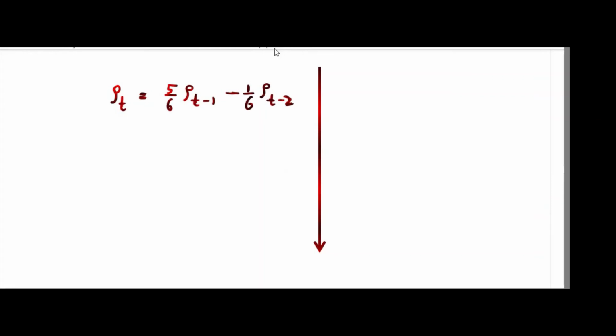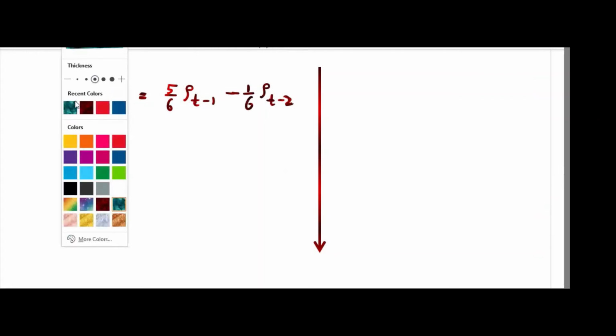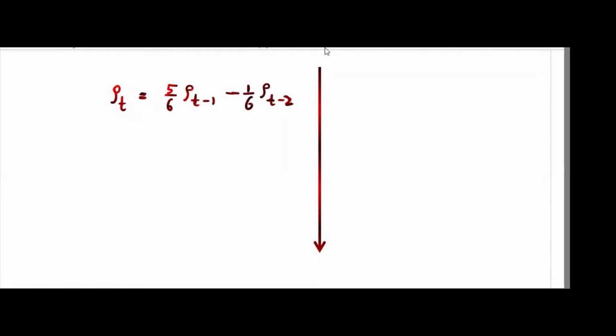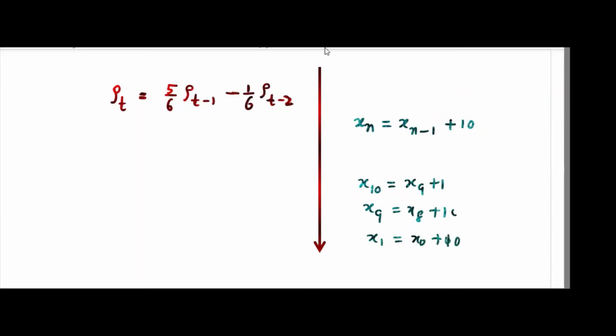Although you don't need to use it all the time. If a first order equation is given, suppose I write a simple one: xn is equal to xn minus 1 plus 10. If I write this way, it's very easy, okay? Suppose you want to find x10, you write x9 plus 10. If you put 9 here, it will be x8 plus 10. That way you write x1, it's x0 plus 10.